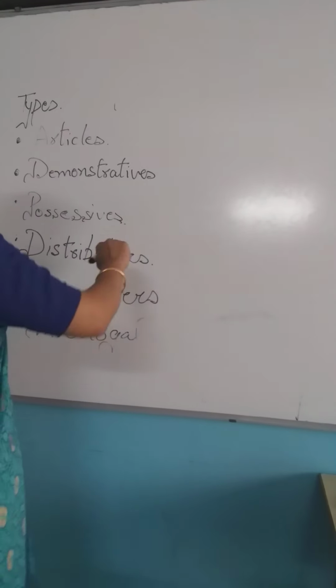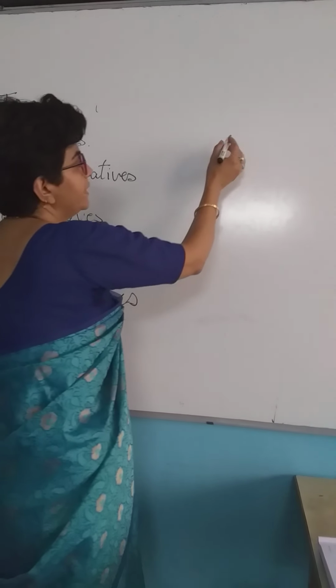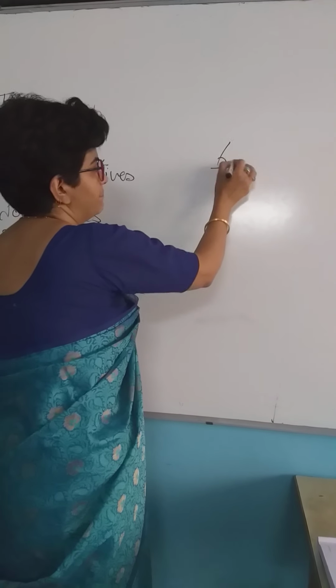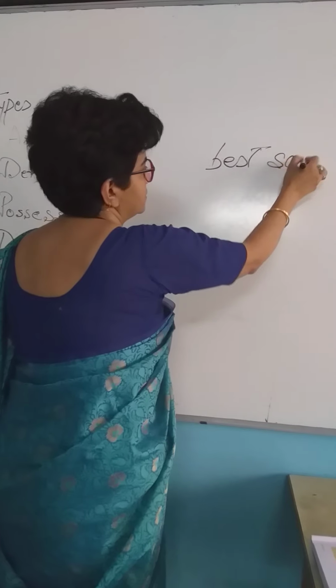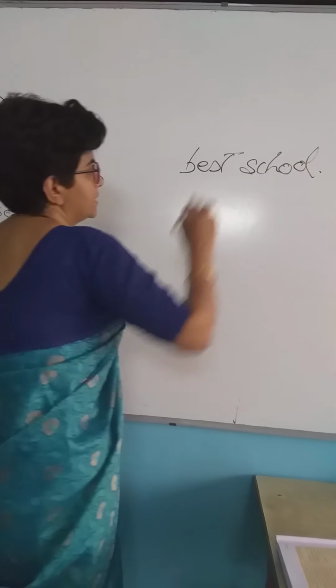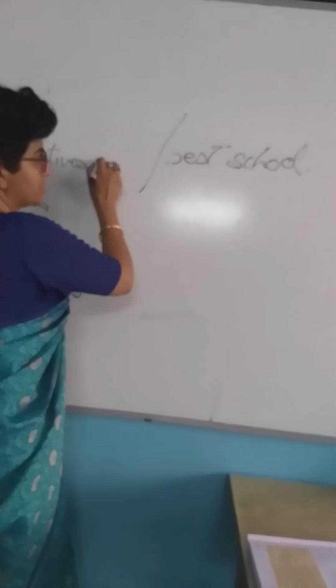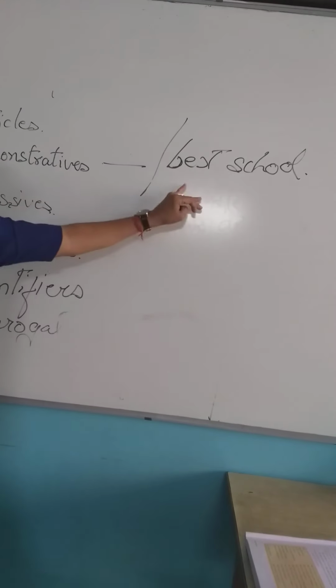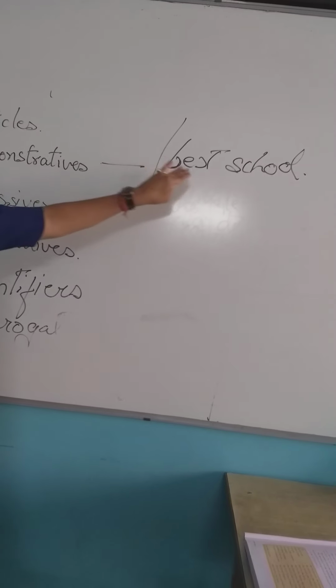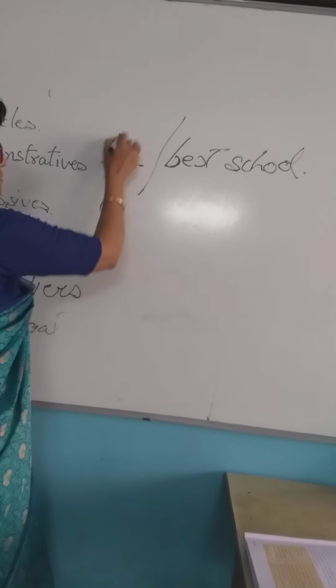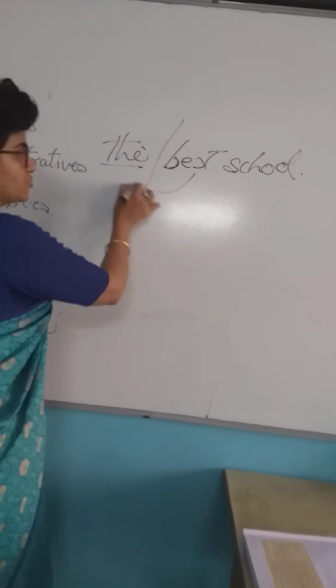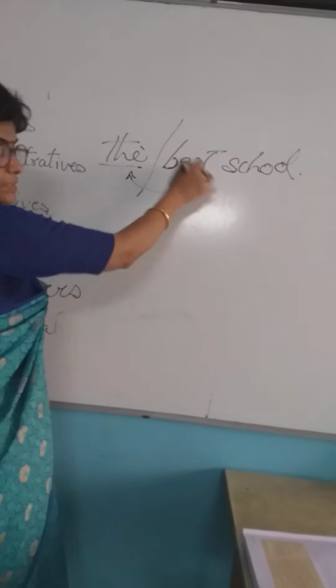Like if I say there are two words in a sentence, "best" and "school", please remember this: if this situation comes, the article will always be used before the adjective. So of course here I am talking about "the best school". It is used before the superlative adjective.